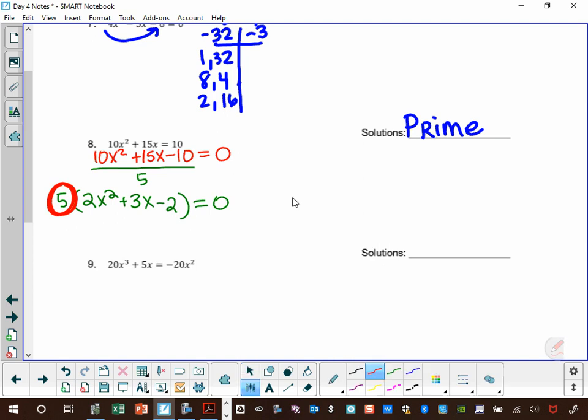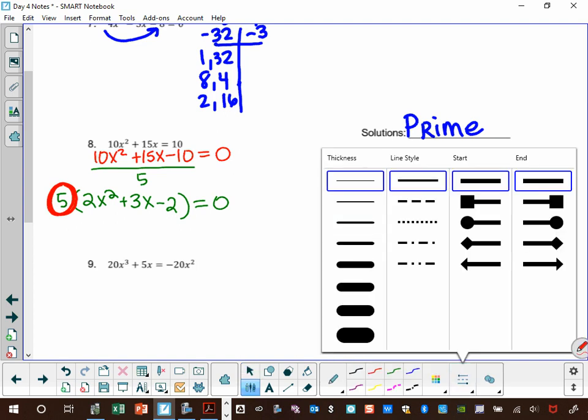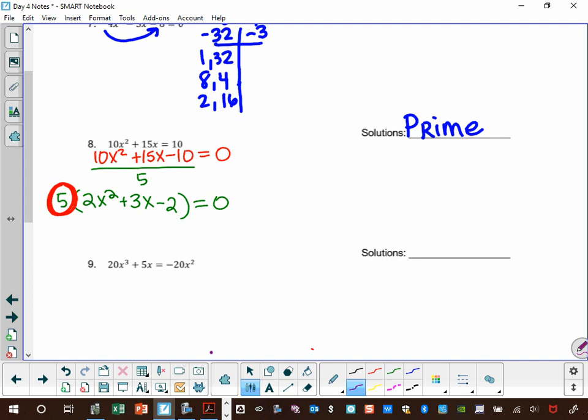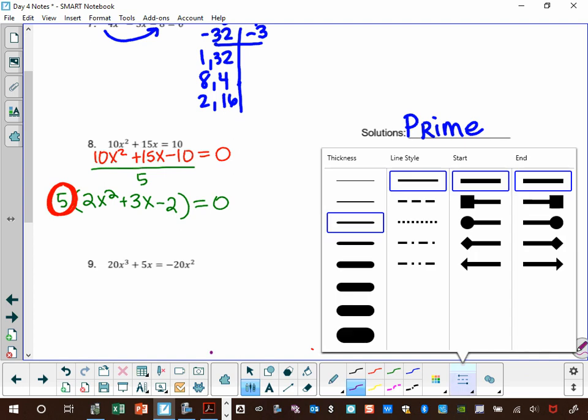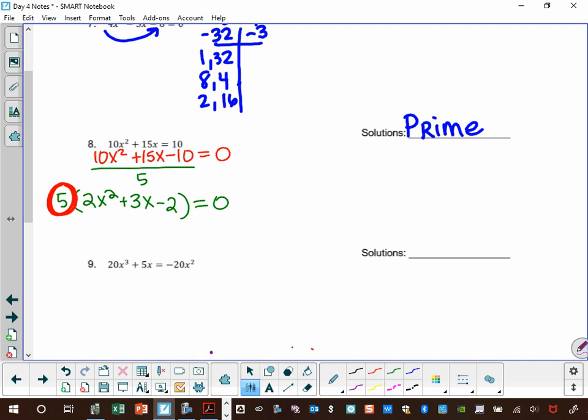Okay, so I need to swing this 2 to the negative 2. So I need two numbers that multiply to give me negative 4, and that add to give me positive 3.